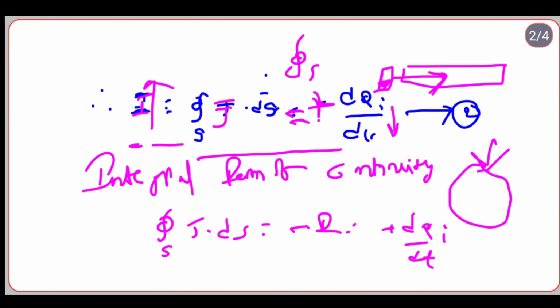Due to the principle of conservation of charge, the rate of decrease is the same as the rate of outward flow of charge, that is, the outward current. I equals surface integral J dot dS equals minus dQi/dt. Minus dQi/dt we have to write.